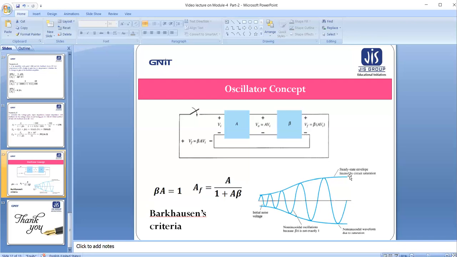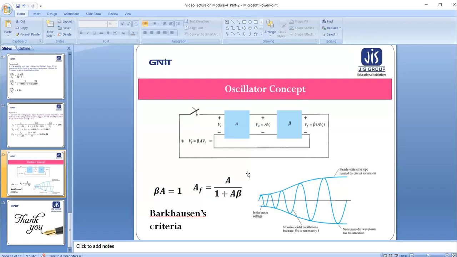Another concept is that we are not considering beta A greater than 1, but in the expression AF equals A by 1 plus A beta, if we keep A beta equal to minus 1, that means the gain of the loop will be 1 in magnitude, but there is a phase reversal between A and beta.